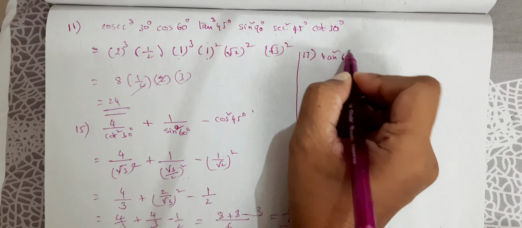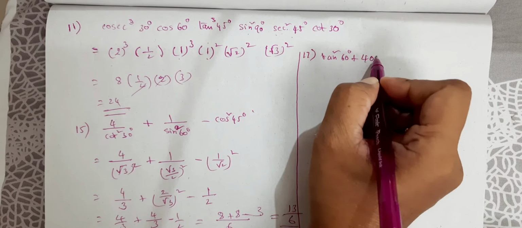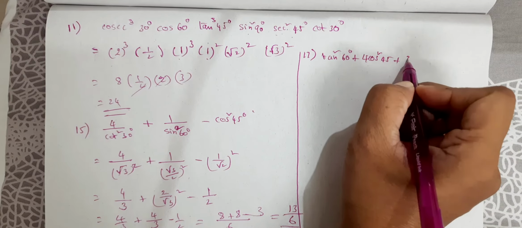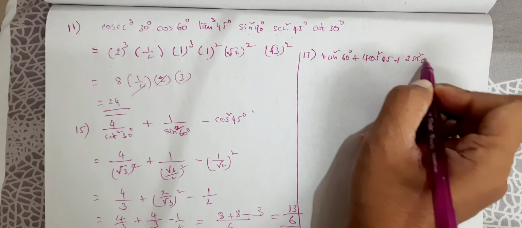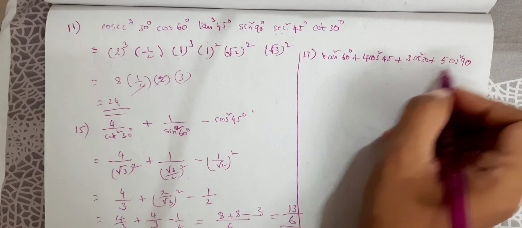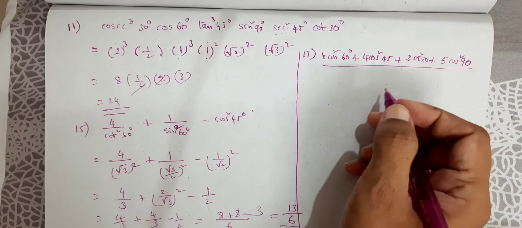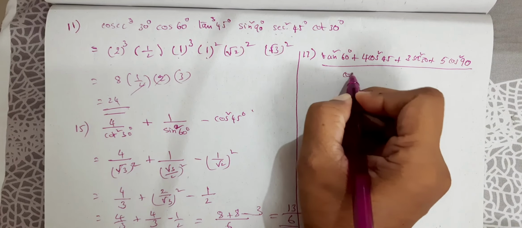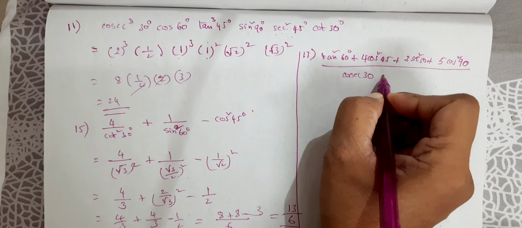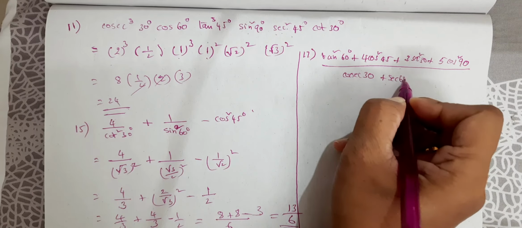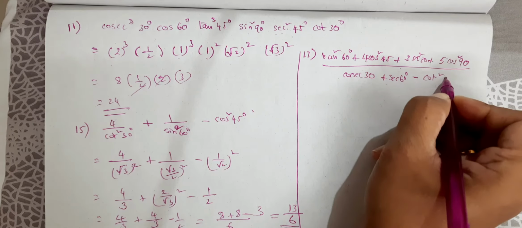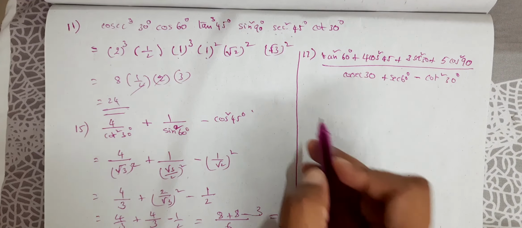Such problems I am picking. 4 cos square 45 plus 3 secant square 30 plus 5 cos square 90 whole divided by cosecant 30 plus secant 60 minus cot square 30. The same concept is the same.